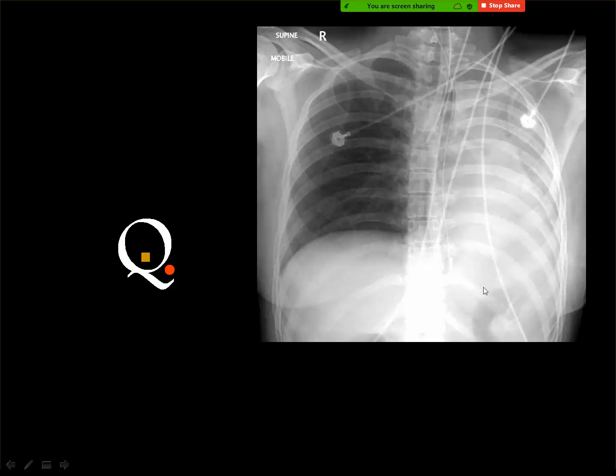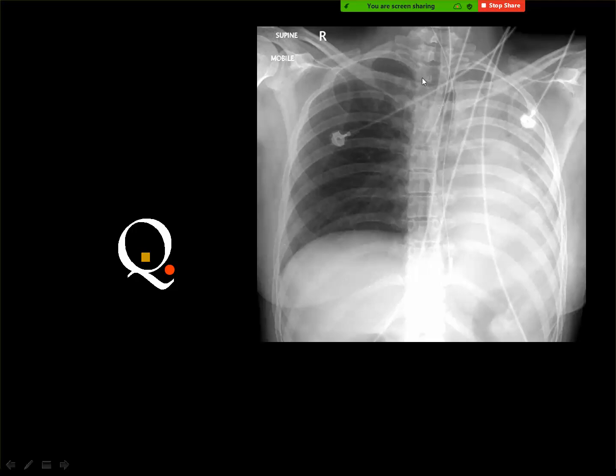Then it is a good policy, if you see a chest X-ray with ECG leads on the chest, to look for the tubes. This is very, very important. If you look at the endotracheal tube, you can see it is selectively in the right main bronchus.